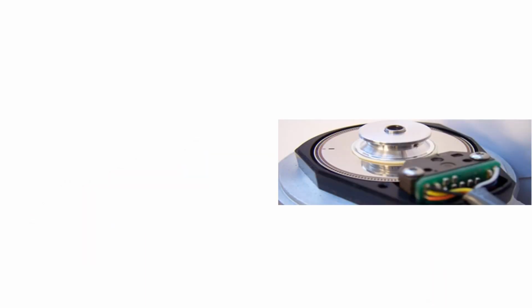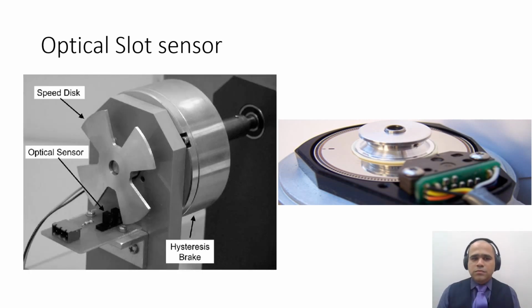How do we measure the number of revolutions without any contact? Now you might have seen this slot type sensor, which is nothing but a variation of the IR sensor we saw earlier, and a rotary encoder placed inside a hard disk or CD-ROM to measure the speed. We will see how the speed measurement works in the next slide.